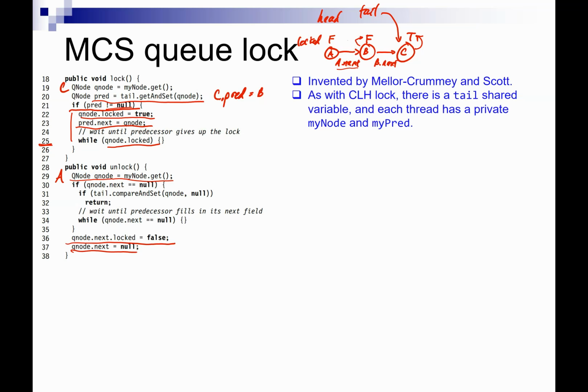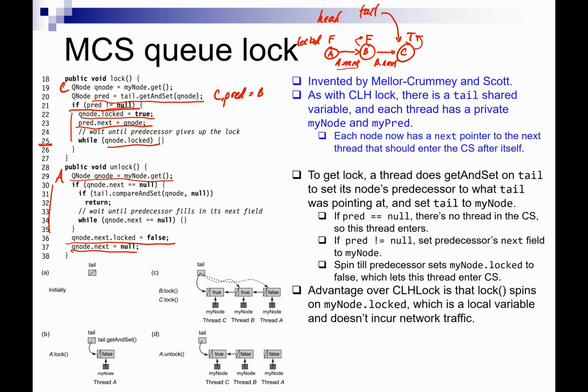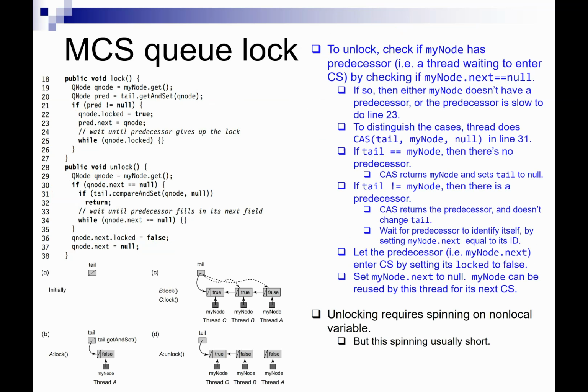Okay, so next, let me illustrate this condition over here, because this is kind of a more complicated condition. I should actually draw this over here. So we have A again, right?